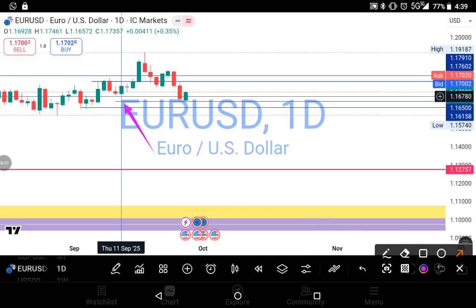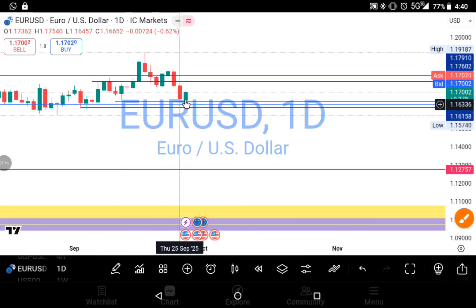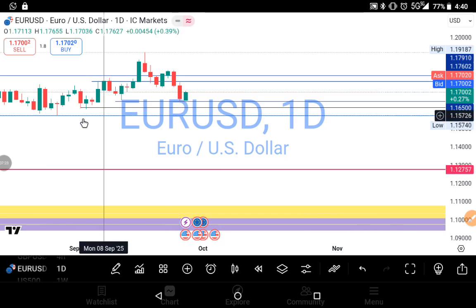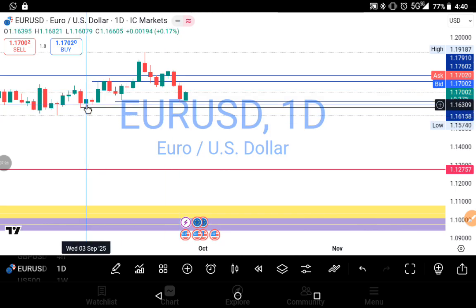The low of this candle has been delivered, 1.16572, and the low of this candle comes in at this particular candle here, the one with my cursor. The low comes in at 1.16457.